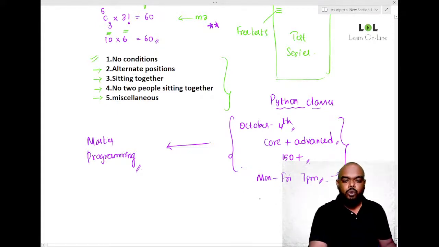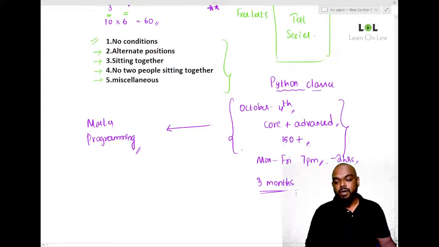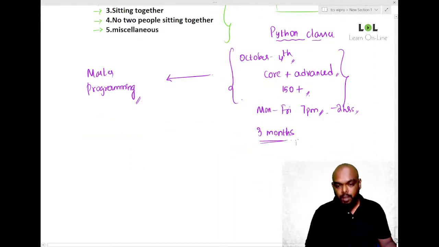So the course duration will be 3 months. Within 3 months, we have to finish this. Let us see, it might take plus or minus 1 month, but I'm still writing this.